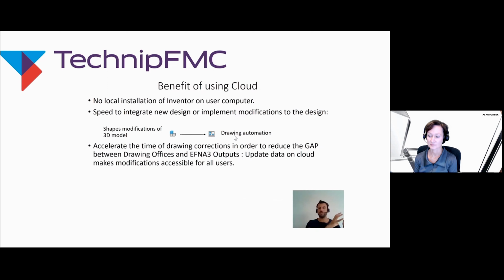So from 3D to 2D, it allows us to integrate new implementations and new designs faster. The third one, the most important for us, is to accelerate the time between the drawing correction and the engineering offices.